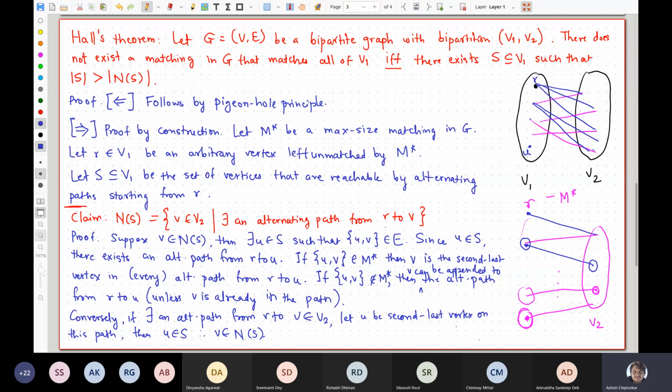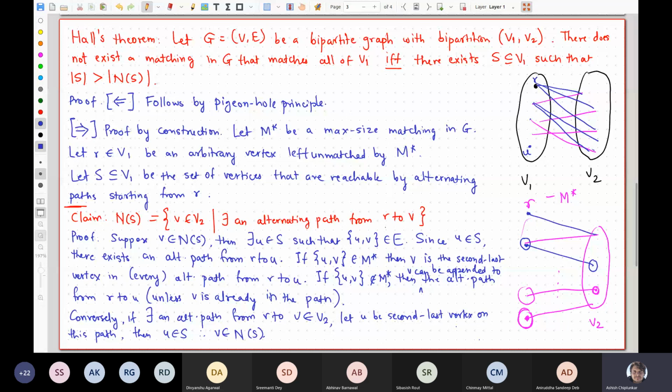So now, what does that tell us? How can we claim that the size of NS is strictly less than the size of S? Yeah, Abhinav. If we consider the set S minus R, then there exists a bijection from S to NS, so their sizes must be equal.